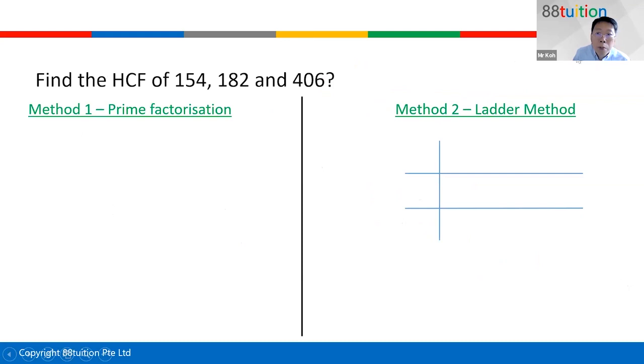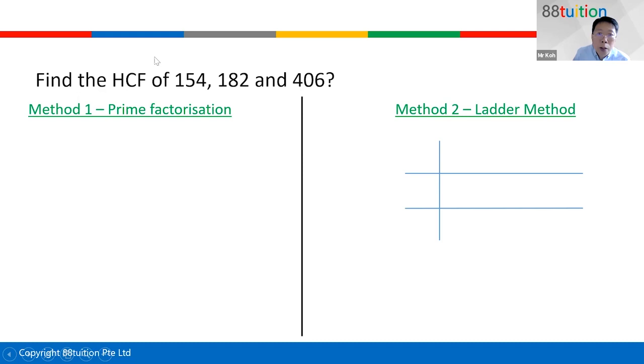Okay, so quickly, Mr. Koh will talk about prime factorization for finding the HCF, and also using the ladder method. So later on, you will see which one you prefer, whether you prefer using the ladder method or using the prime factorization.